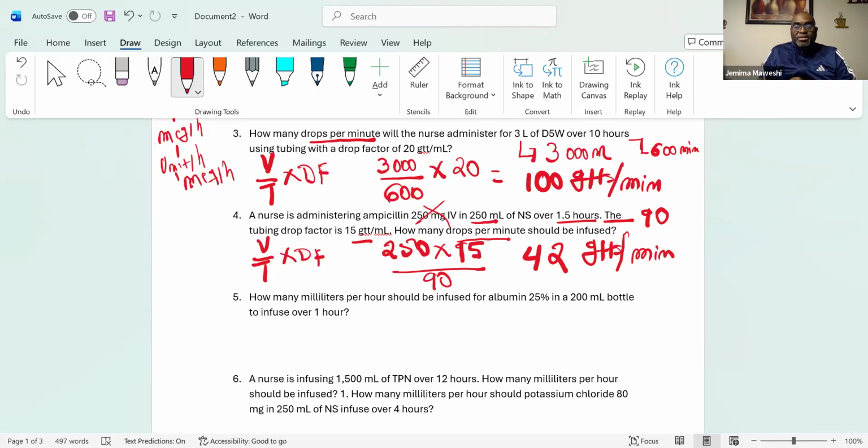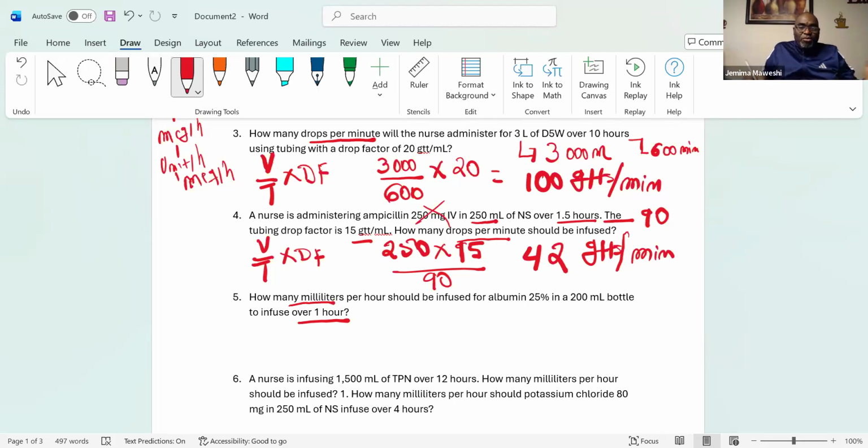Number 5. The question reads, how many milliliter per hour should be infused for albumin 25% in 200 milliliter, to be infused over 1 hour? You see the word over?